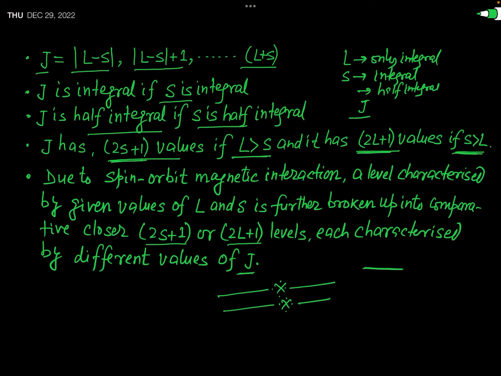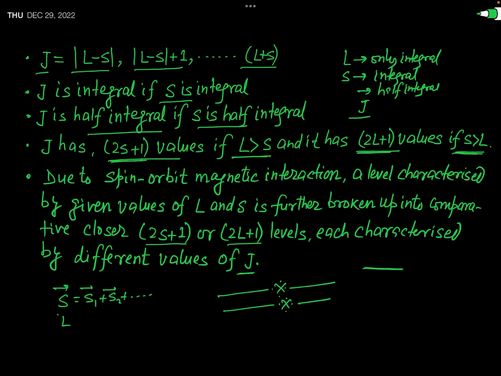How LS coupling takes place. If you want to deal with the problem for a multi optical electron system, then what will be the process? I am just giving a brief account of it. First of all, you have to find the total spin angular momentum S by taking the resultant of S1, S2 and so on for the individual optical electrons.